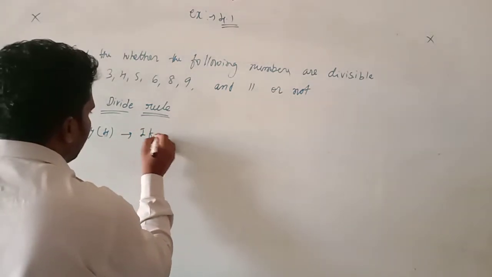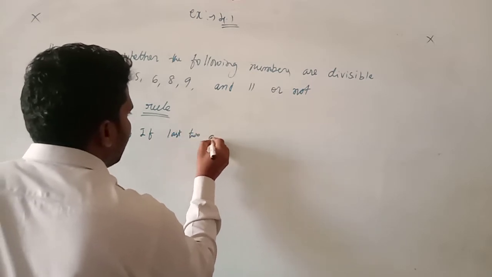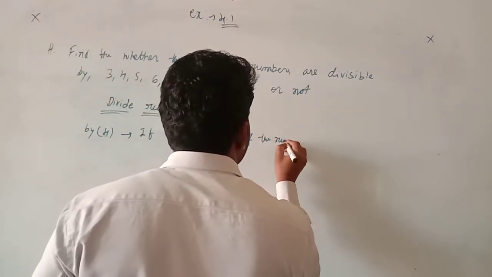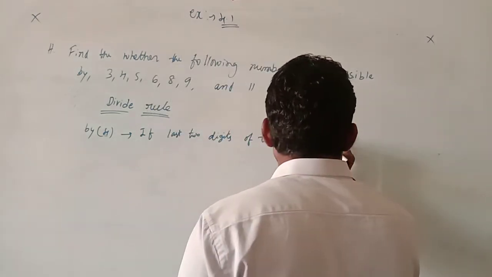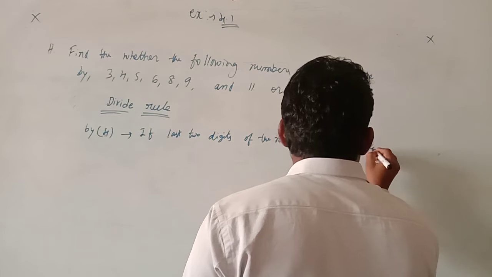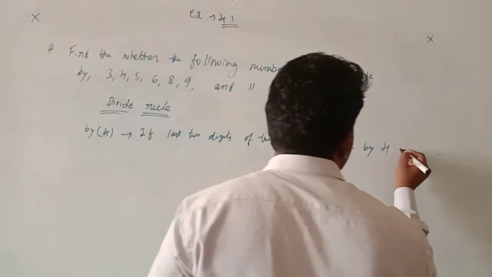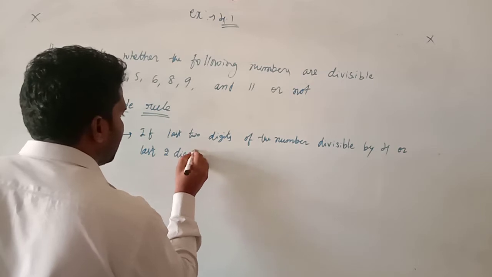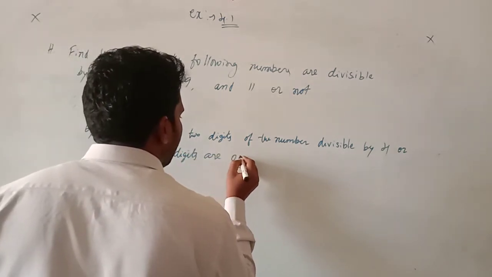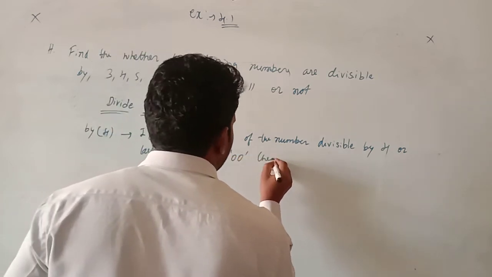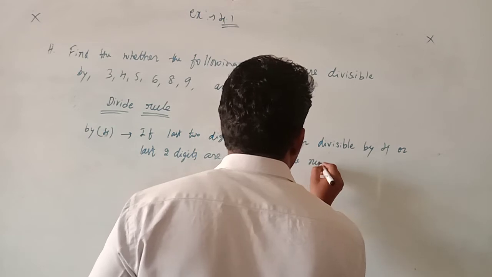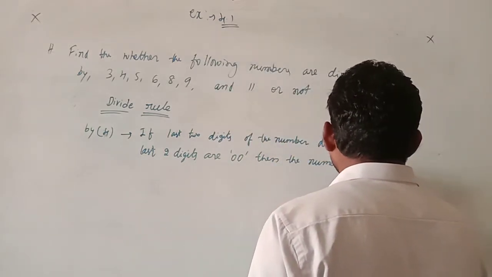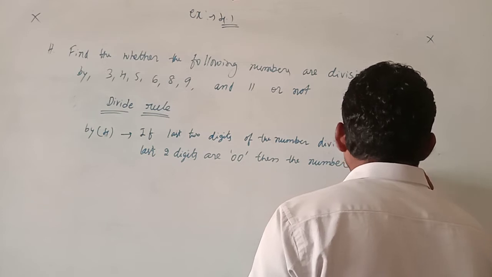Okay. If the last 2 digits of the number are divisible by 4, or the last 2 digits are 0 0, then the number is divisible by 4.